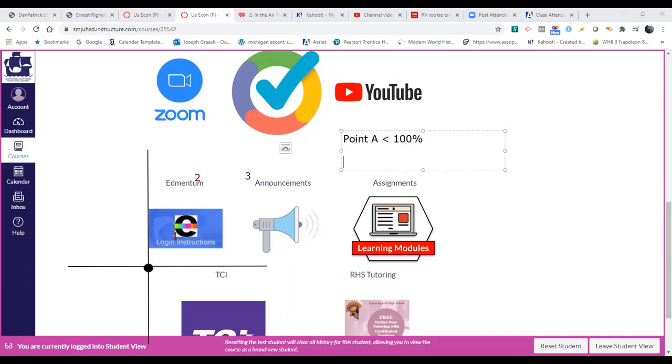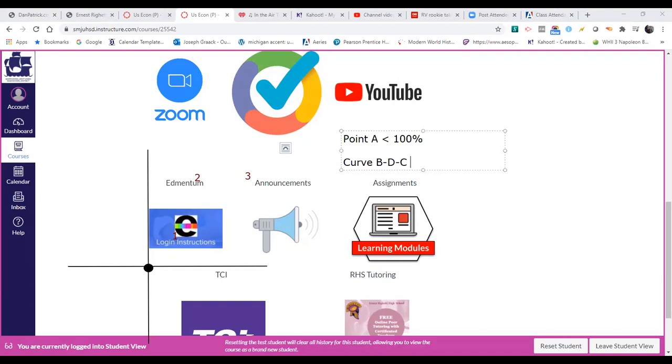Is the curve represented by the blue line BDC equal to 100%, less than 100%, or greater than 100%?